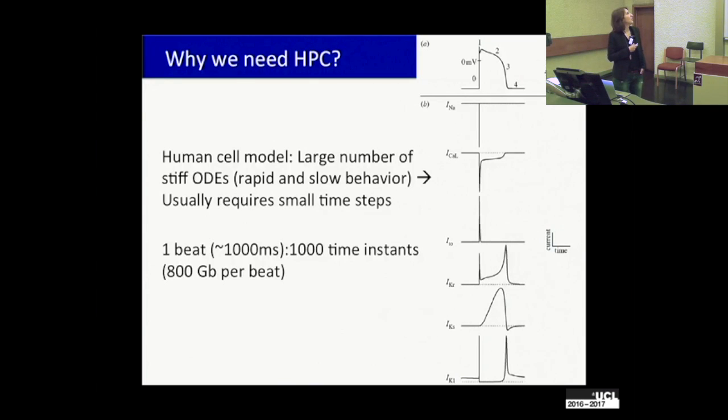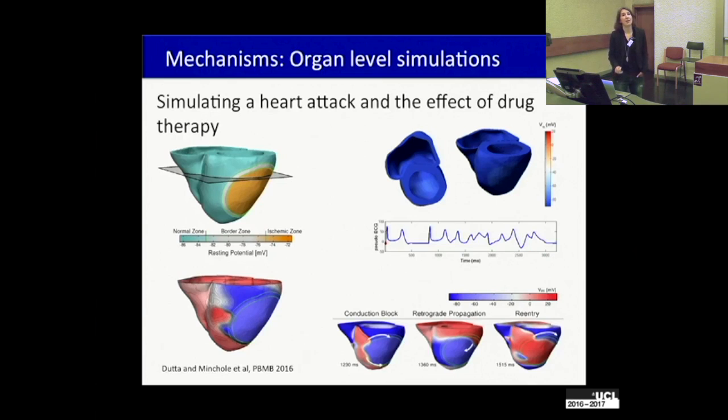Additionally, one beat is approximately 1,000 milliseconds. If we want to save every 1 millisecond, we are talking about 1,000 time instants. If we would like to save the information of 1 beat, it would be about 800 gigabytes. So these are big numbers, and HPC is necessary for them.